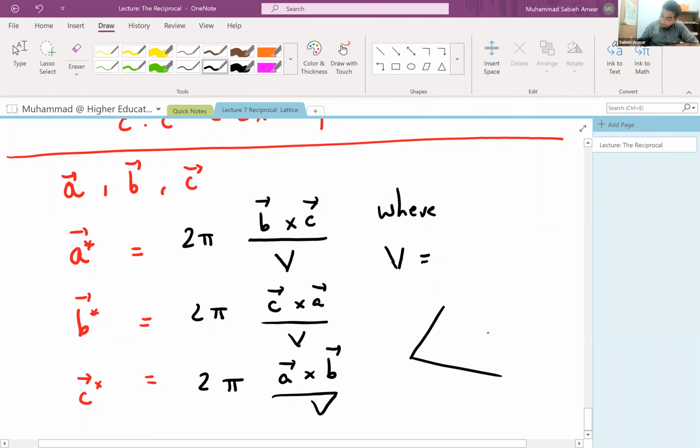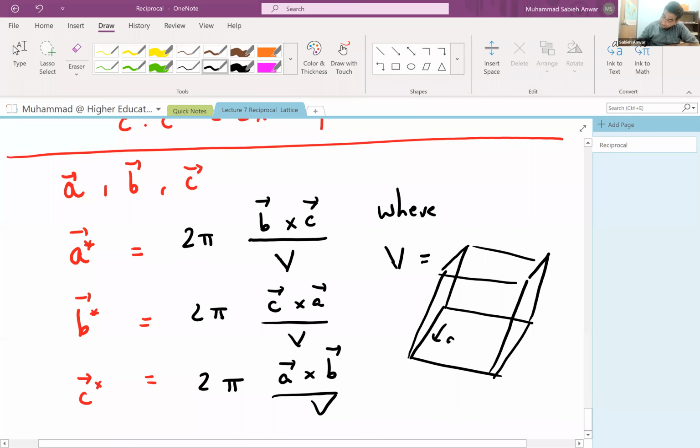So if I were to draw a parallelepiped which is representative of a primitive unit cell in the direct space, A, B, and C, what's going to be the volume of this object?